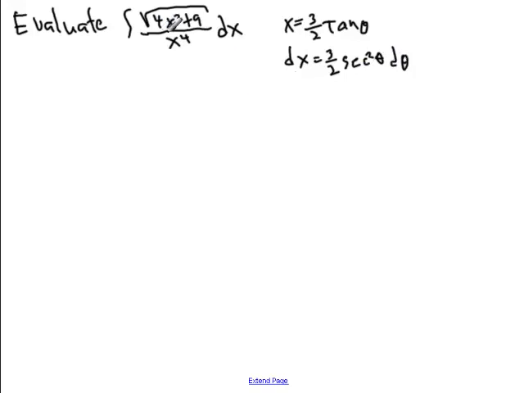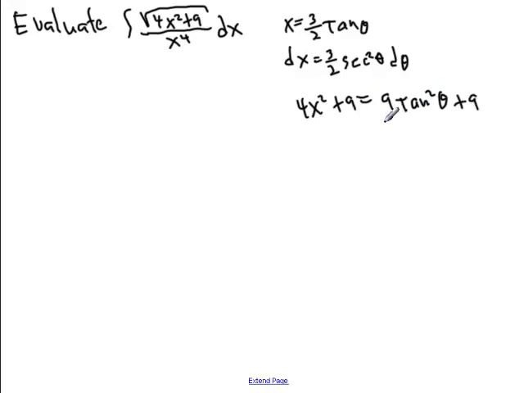Now this should simplify our radical, and it does. So 4x squared plus 9, based on our substitution, is going to be 4 times 9 over 4 tan squared theta, which is just 9 tan squared theta, plus 9.